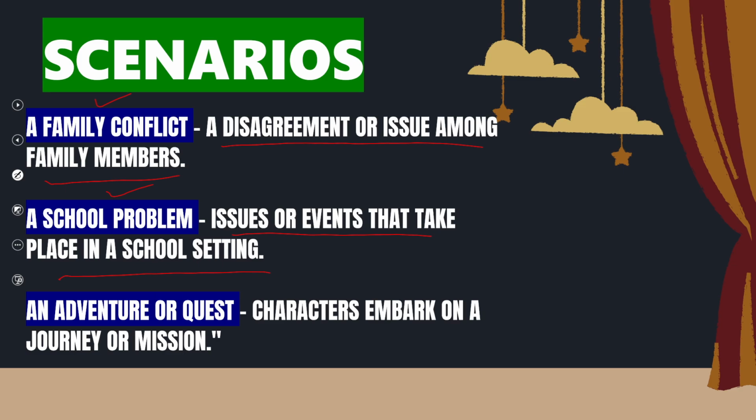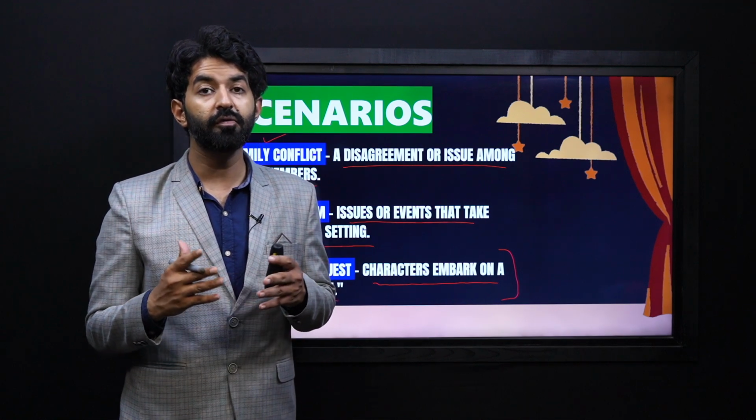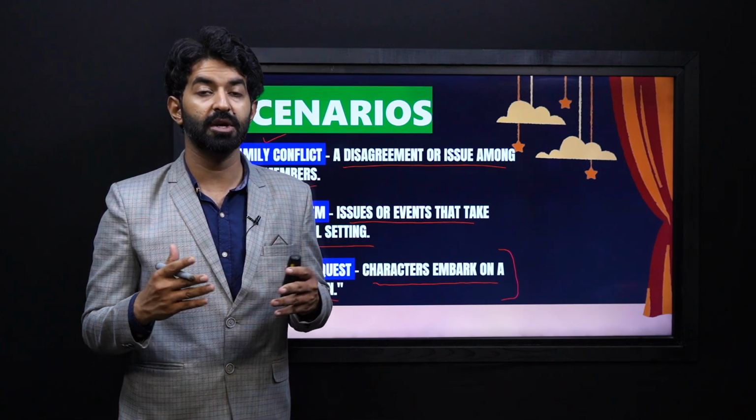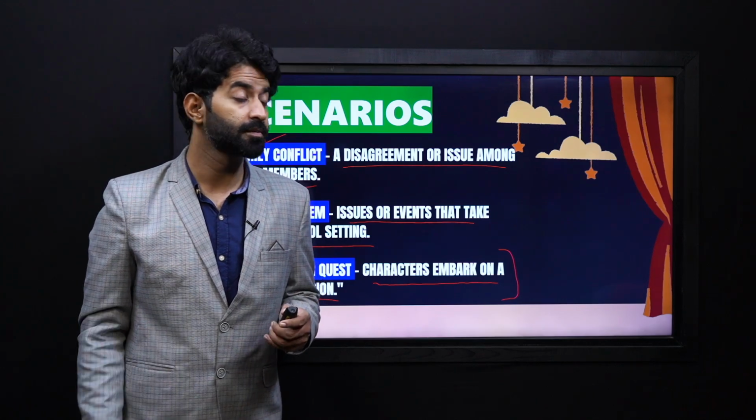So all these will be called our scenario, which is a school problem. And then an adventure or quest. So characters embark on a journey or mission. So such a setting of the play will tell us about the scenario. So all the different scenarios have different kinds of expressions, gestures, and a lot of different kinds of performances.